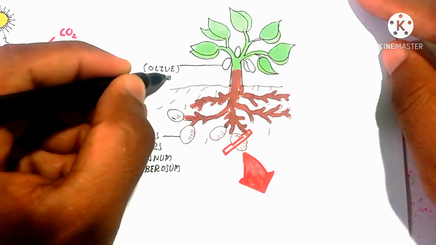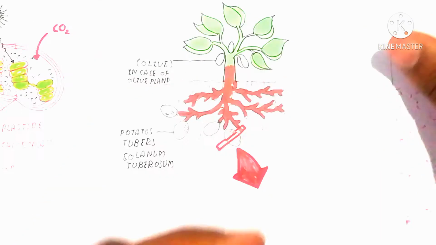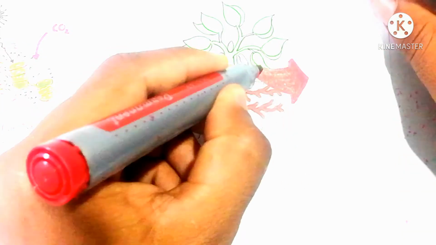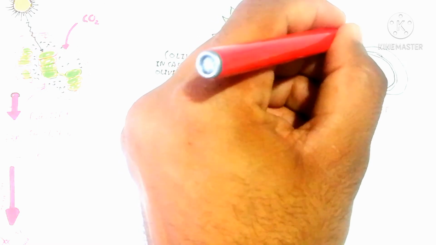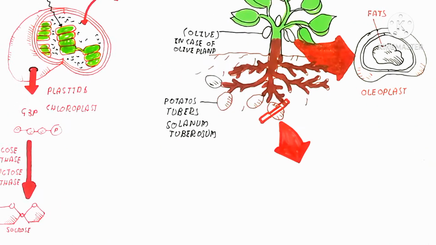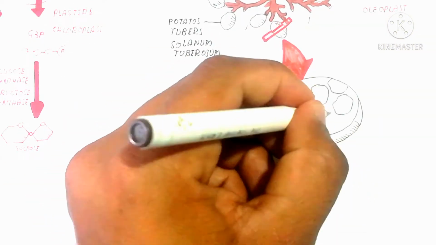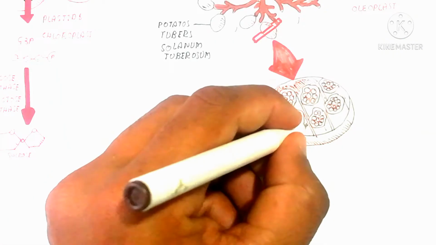But here we will discuss the cross section of the potato, which is also known as a tuber. These contain fibers, a thick fiber, and the tuber contains a fiber of cells, which is a fiber-like structure.